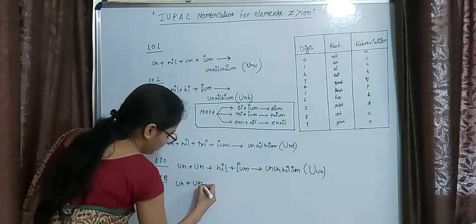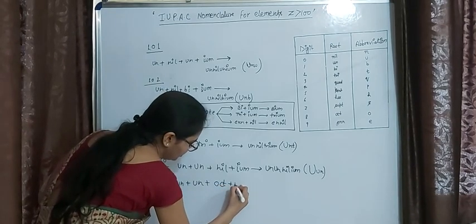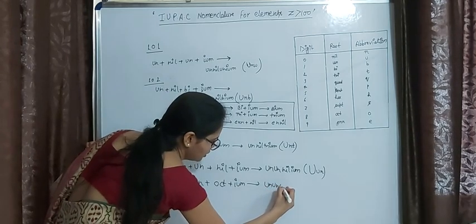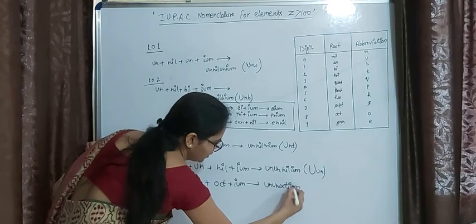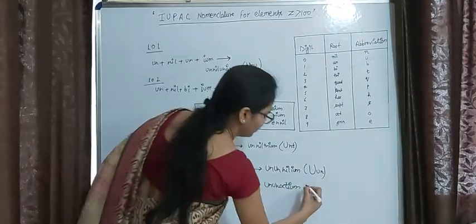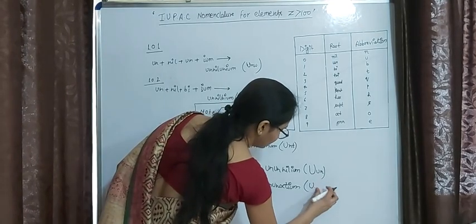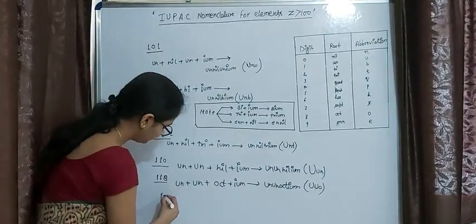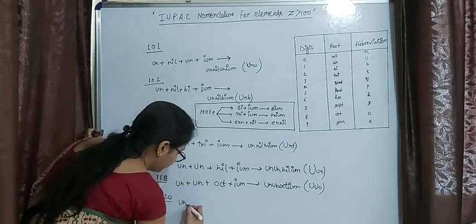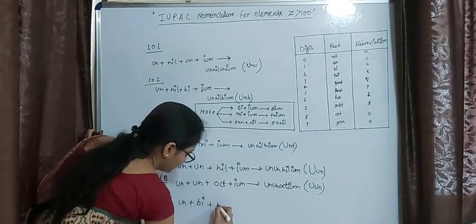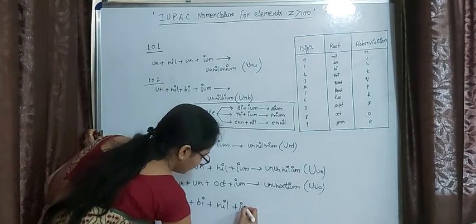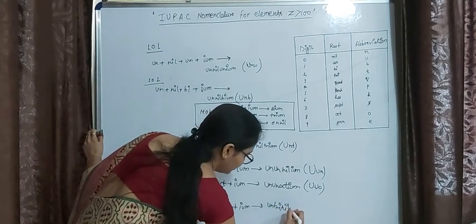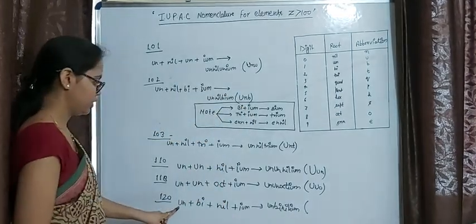Now for 118, suppose we want to write it: un, un, oct plus ium, then the name will be un un octium, and the symbol is U, U, O. Now for 120: un, bi, nil, ium, so the name will be un bi nilium, and the symbol would be UBN.